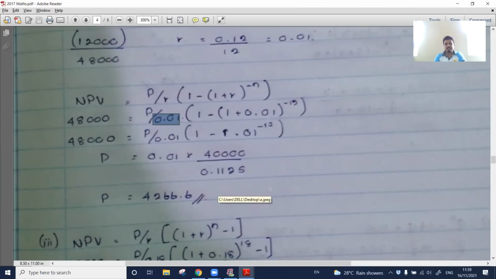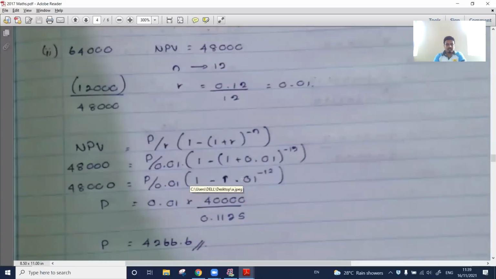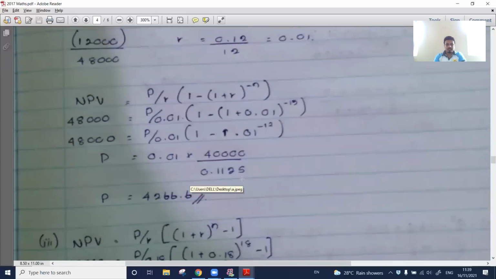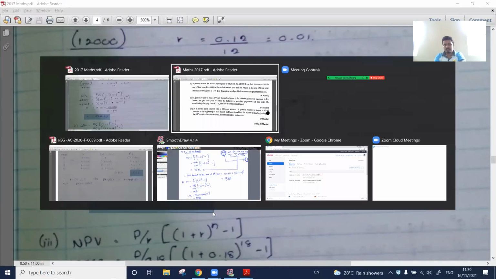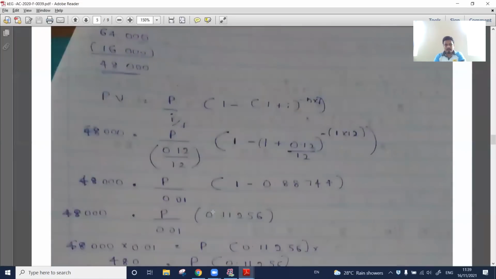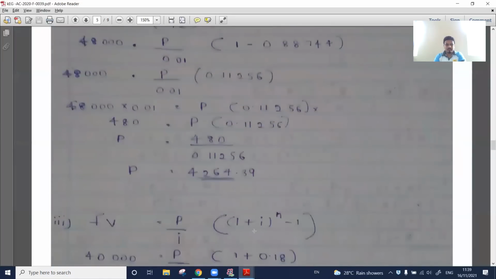More clear and more complete. Right. So the final answer for part 2 should be this one. Is this correct? Others? Yes, somewhere around 4,260. 4,260. Correct.